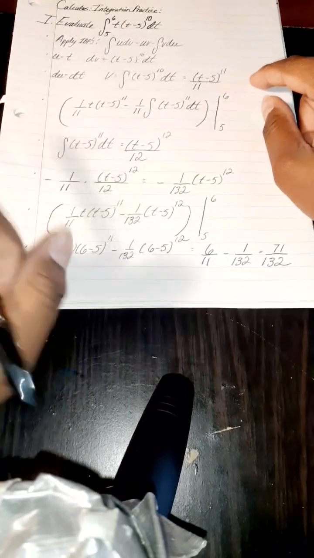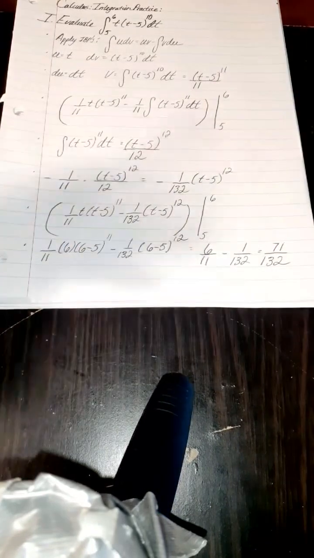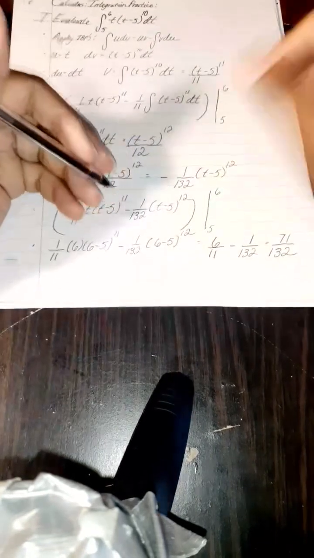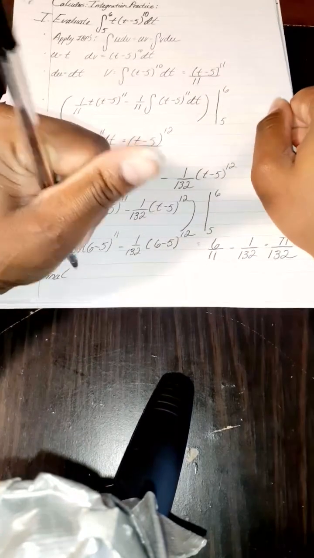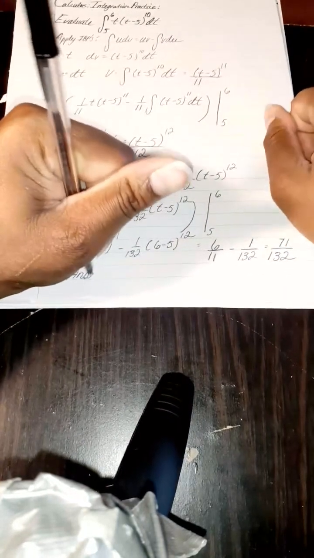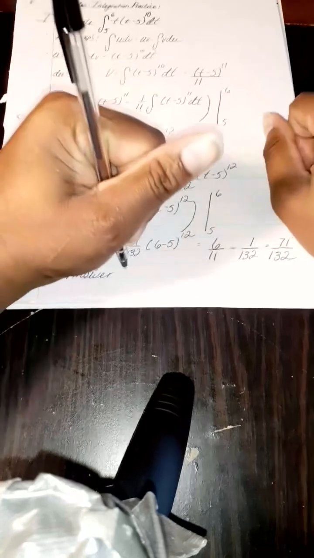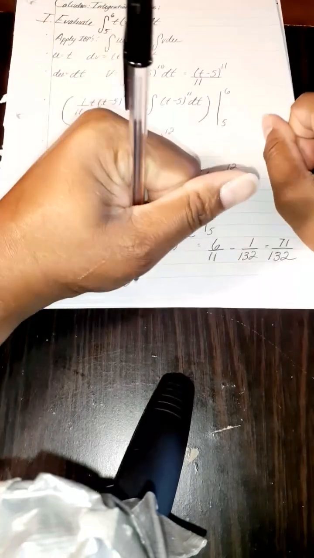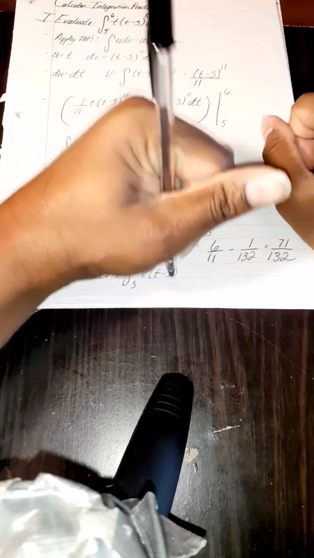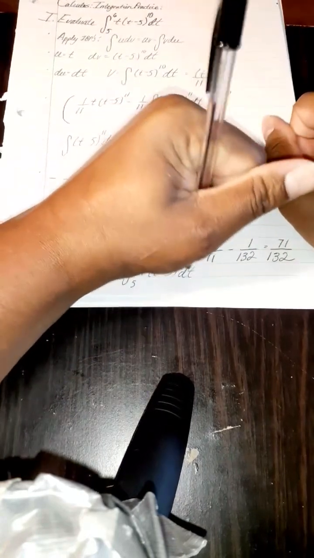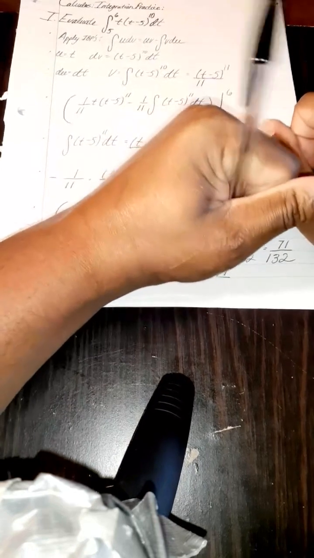Multiply that by negative 1 over 132, that also will give us a 0. So when you sub in the 5, you're just going to get 0. So your final answer for this integral here is just going to be 71 over 132. So from 5 to 6, t times (t minus 5) all raised to the 10th power, integrated with respect to t, the final answer here is going to be 71 over 132.